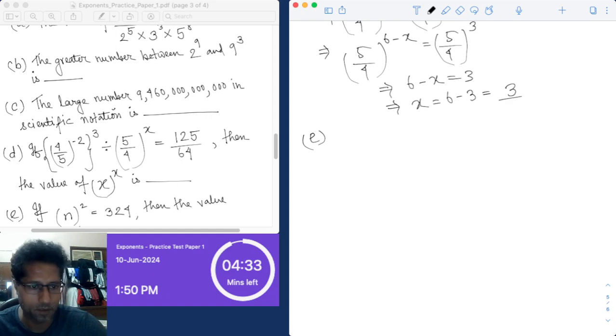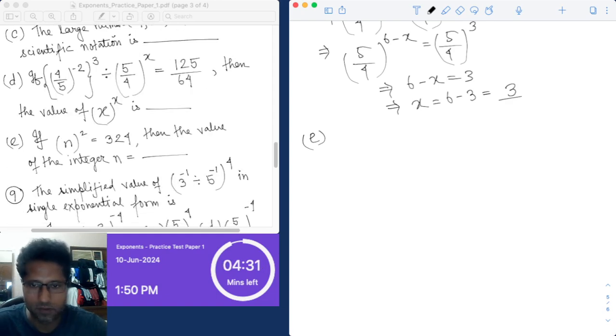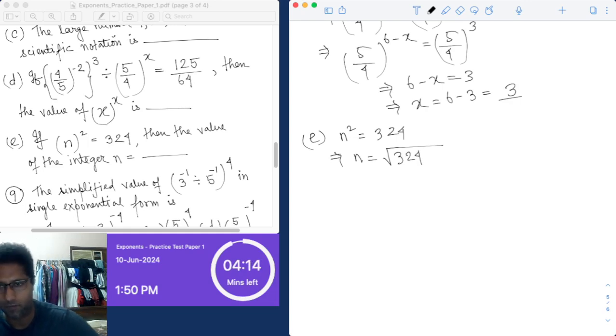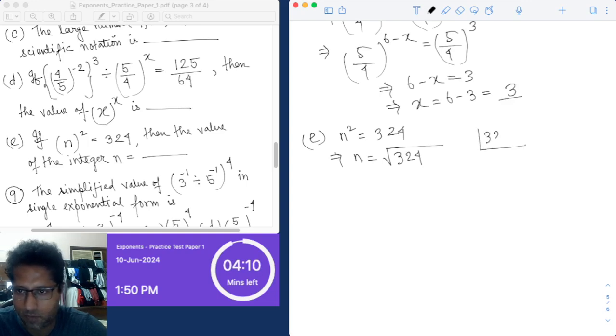E, if n square is 324, then what is n? Definitely this is a square root problem, we have to find the square root of 324. So for that we have to find all the prime factors of 324. So let's quickly find all the prime factors of 324.